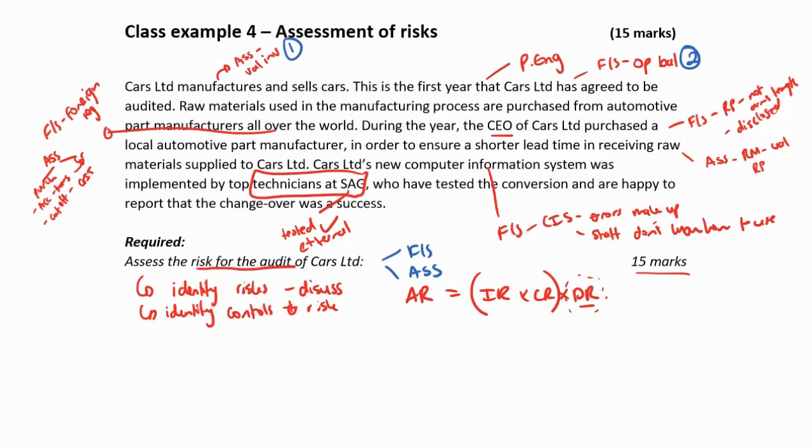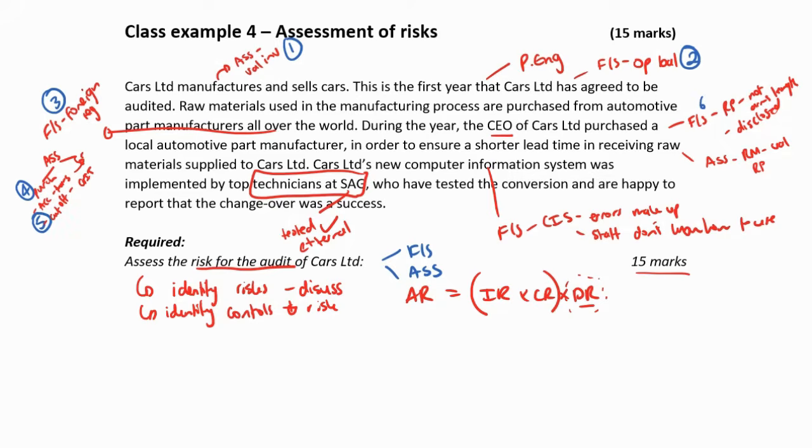Third risk, risk at the financial statement level, foreign regulations. Because they import, there's a risk they do not comply with the foreign regulations, which could result in misstatements to the financials. Fourth risk and fifth risk, risk that your foreign purchases are translated at the incorrect exchange rate, and risk that any goods in transit at year end are not recorded.